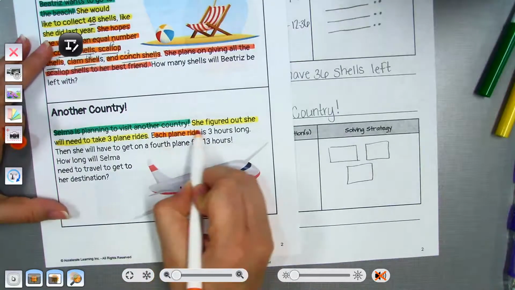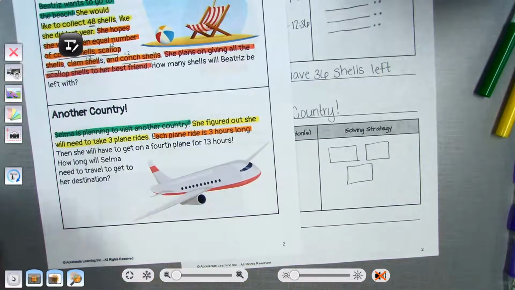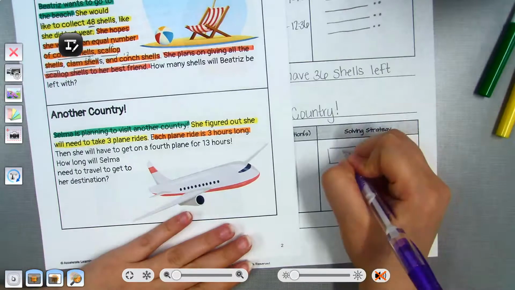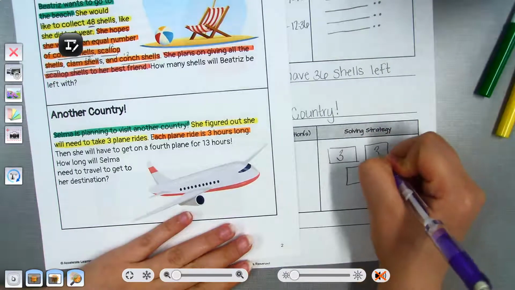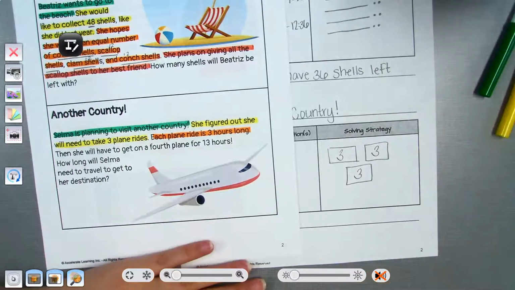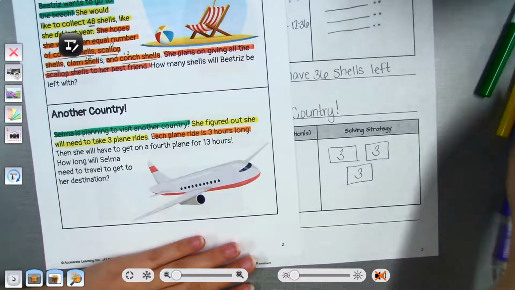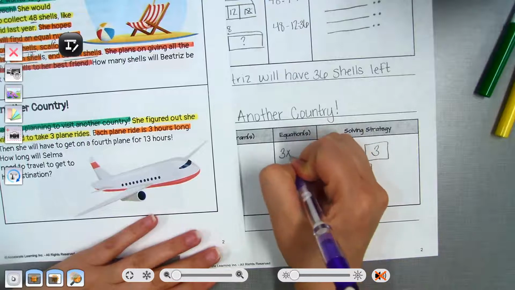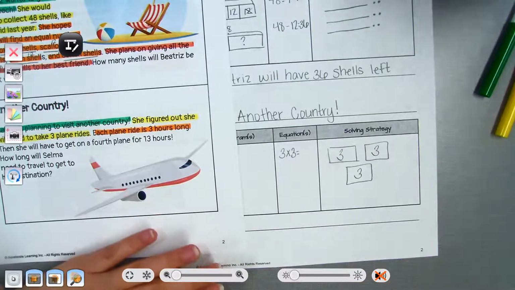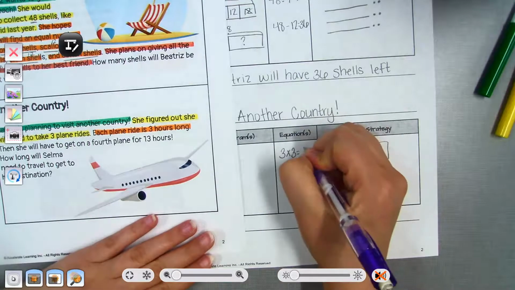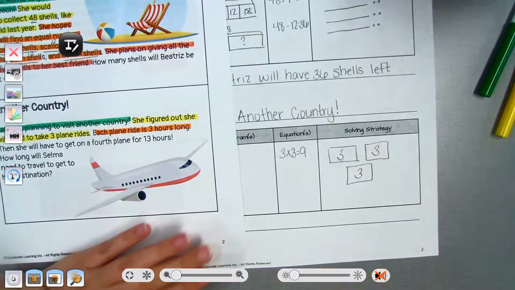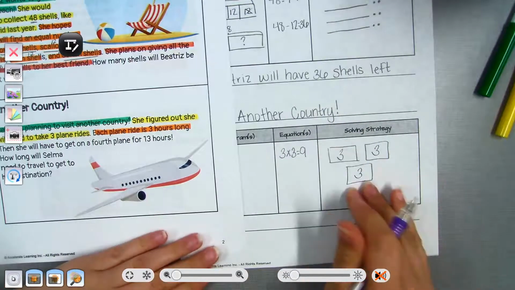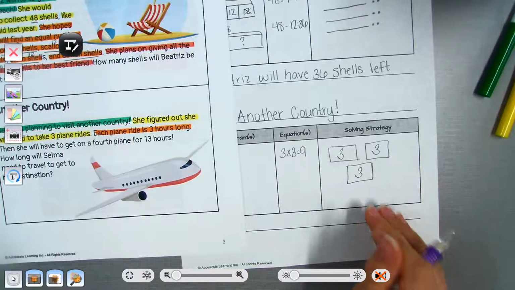Each plane ride is 3 hours long. This one's 3 hours, this one's 3 hours, this one's 3 hours. So that means that I have 3 groups of 3. So I'm going to say 3 times 3 would be 9. So the first 3 plane rides are going to take her 9 hours. Okay.